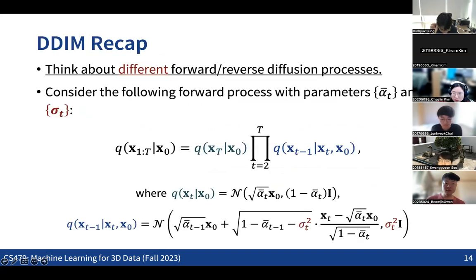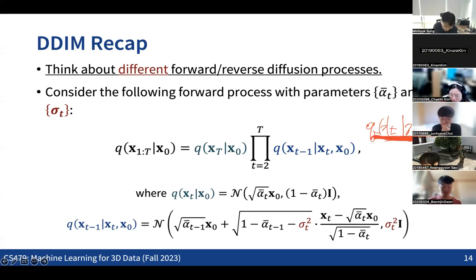For that, we also discussed the idea of DDIM, which makes some changes to the DDPM model in that we now use slightly different forward and reverse diffusion processes. In the DDPM case, we are directly modeling the transition from x_{t-1} to x_t.